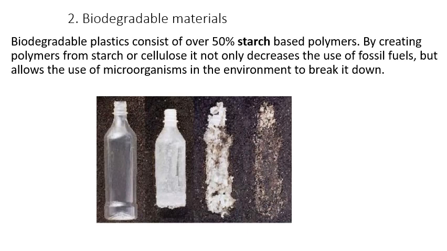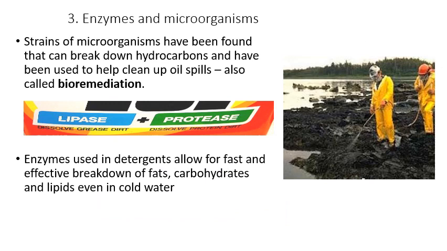So this bottle here is an example. It is made of polylactic acid, which is able to break down a lot faster than the associated aliphatic polyesters. So that's an advantage.